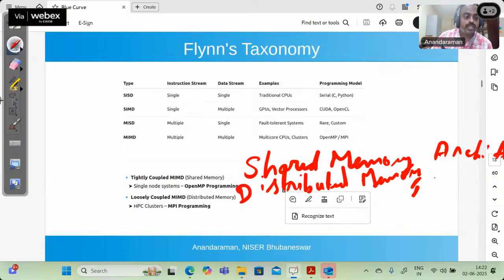If it is tightly coupled, that is called shared memory.